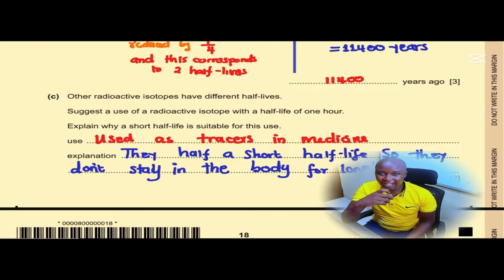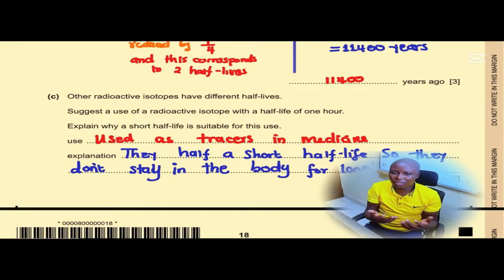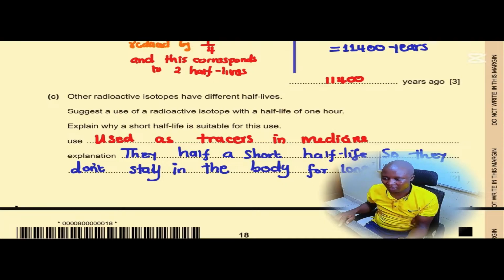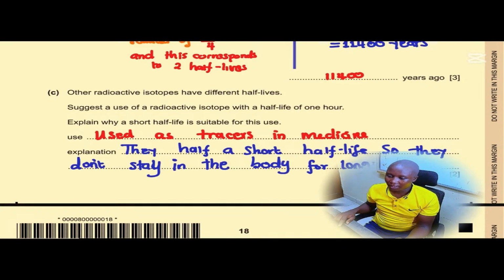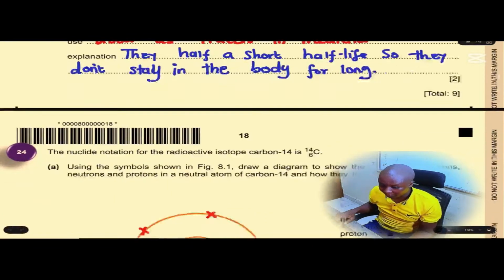Radioactive tracers must have a short half-life. If they have a short half-life, it means that they can disappear from the body, or their effect can decrease within a short period of time. So when they have a short half-life, then they can be used as tracers in medicine, and they don't stay in the body for long.